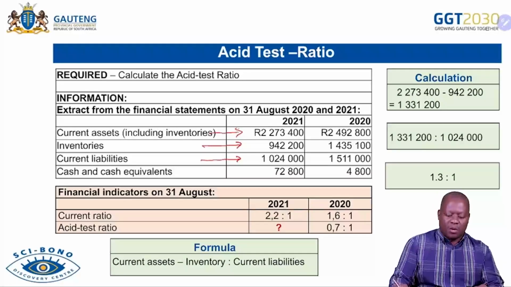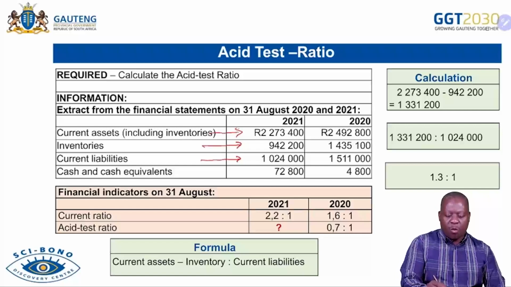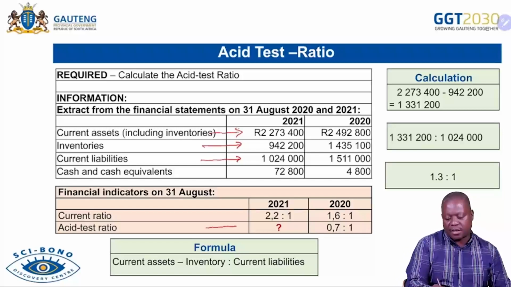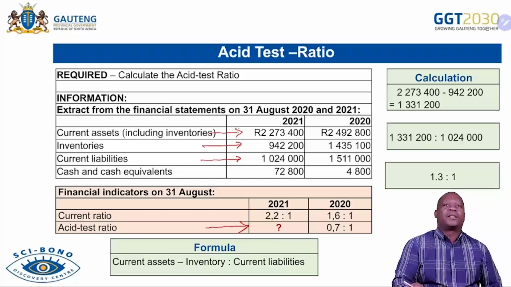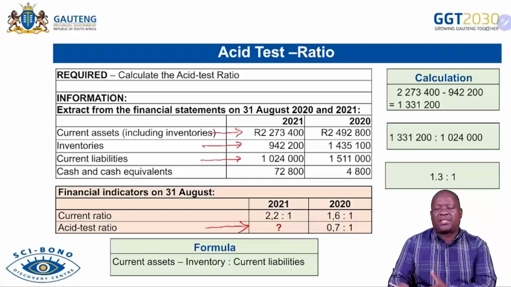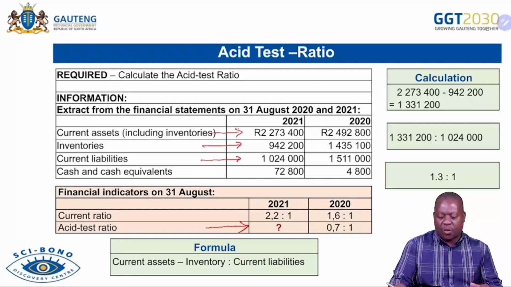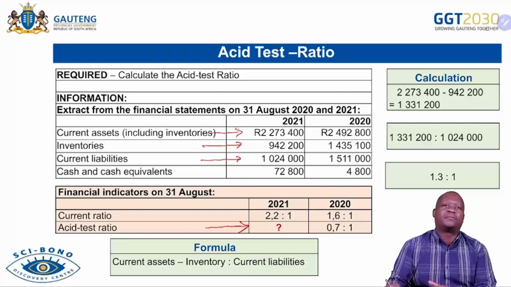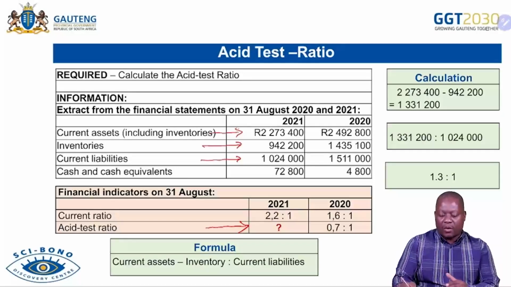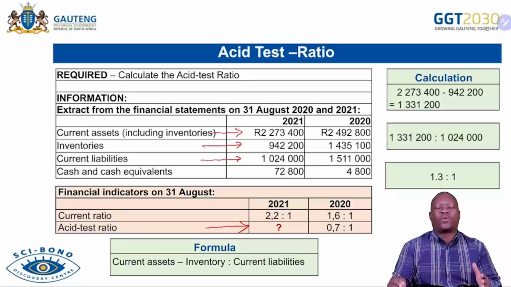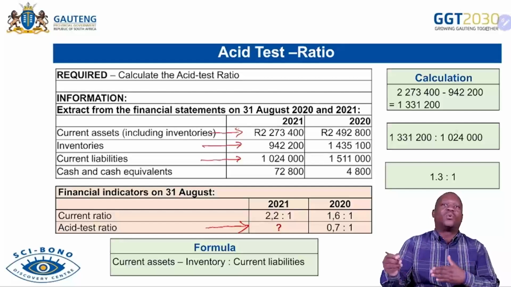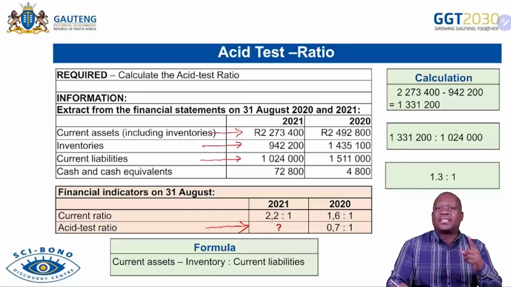Remember, we also need to look into what this is saying to us. If you check here, the acid test ratio in the year 2020 was 0.7 to 1. And then into 2021, it is 1.3 to 1. What is this information saying to us?